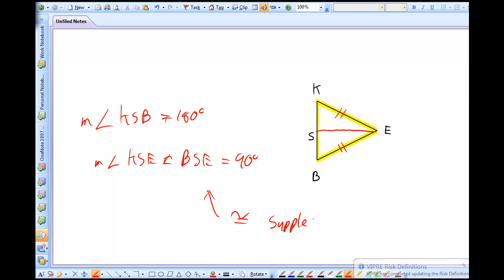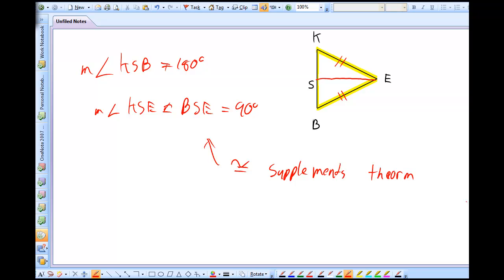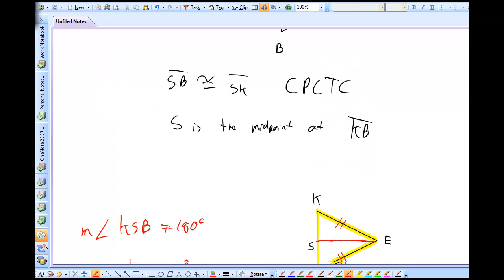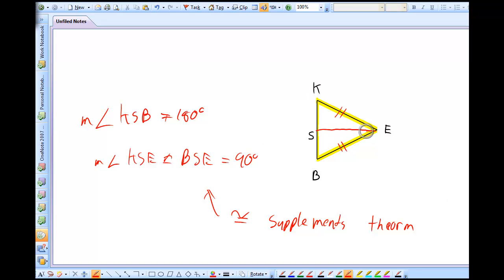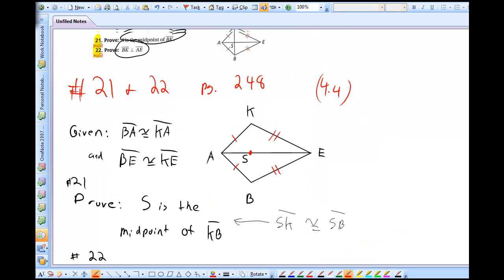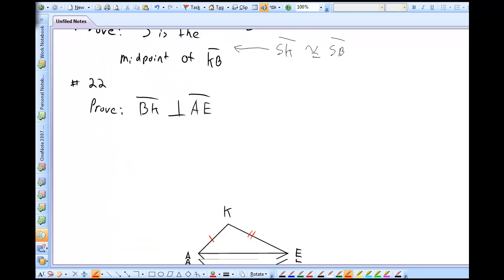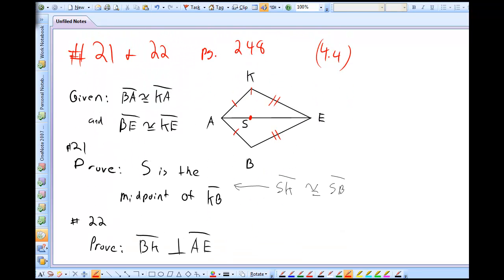We know that because of the congruent supplements theorem. Or you can put it in your own words and say that they're not only congruent but supplementary, so if you're both the halves of 180, then you're 90. So when you go back to this original figure, if KSE is 90 degrees, we can draw a little right angle there.